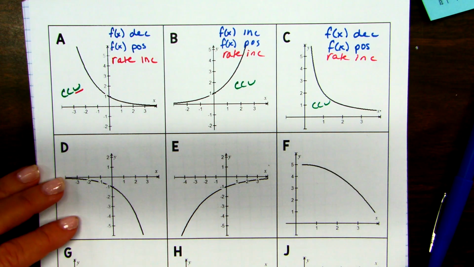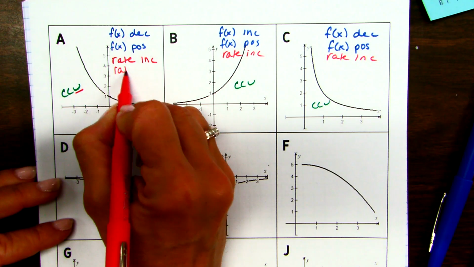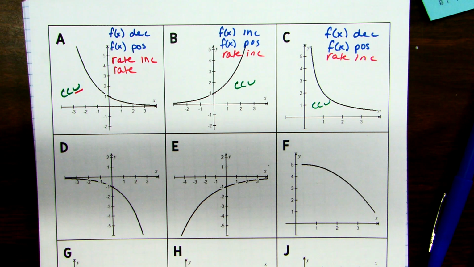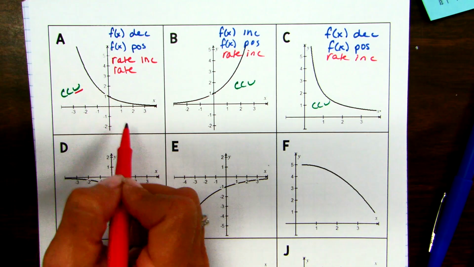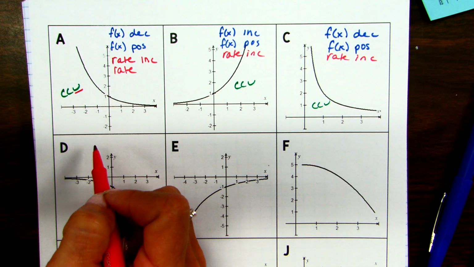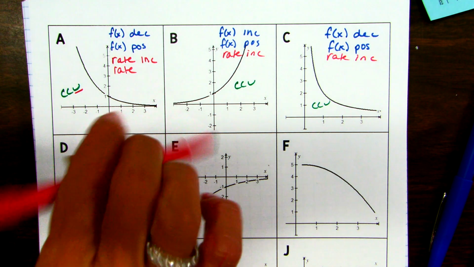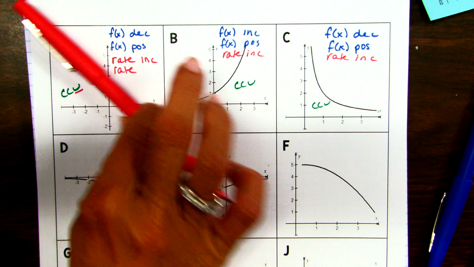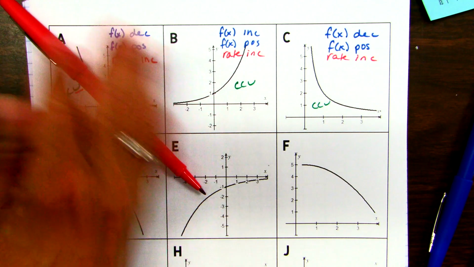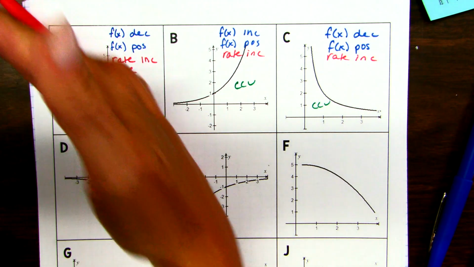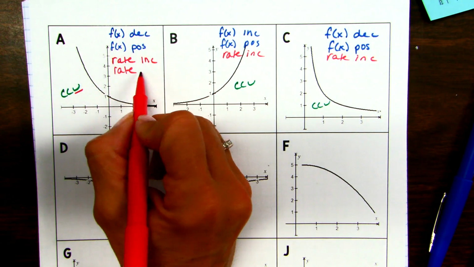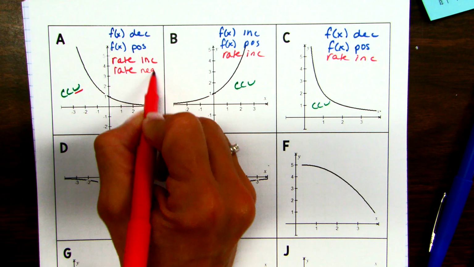How about this? Is the rate positive or negative here? Think about the end behavior, this is like a line with a negative slope. If the f of x is decreasing, your rate is negative.